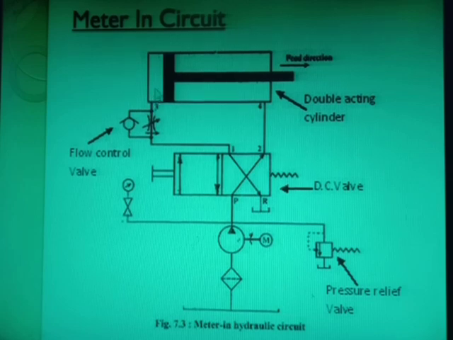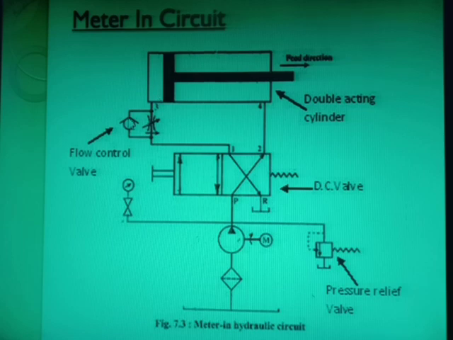In all our lectures we call this side the inlet of the actuator and this side the outlet, but we can also call this side the blind end and this side the rod end of the actuator, because the force is actually exerted from the rod end.